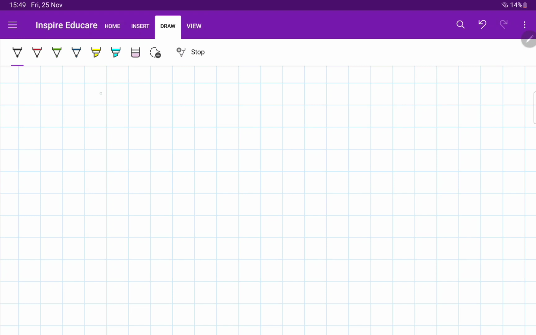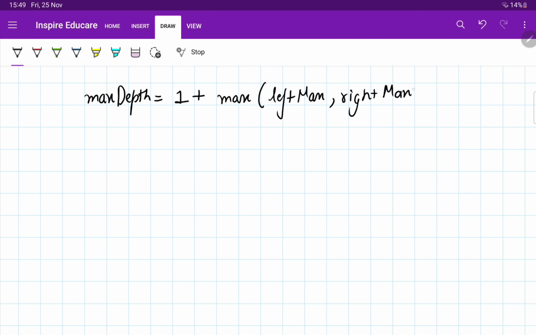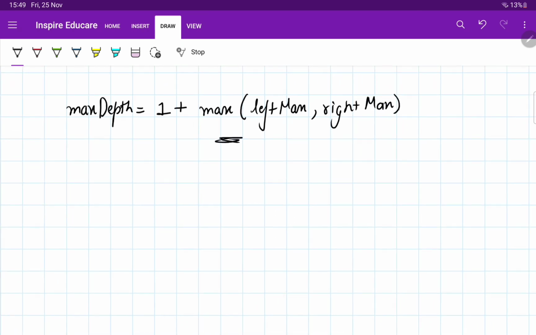So can I write that the maximum depth will be 1 plus the maximum of the left maximum and the right maximum? And this is after checking whether root is null or not. If root is null, it will return 0. But if root is not equal to null, this is the condition for that.